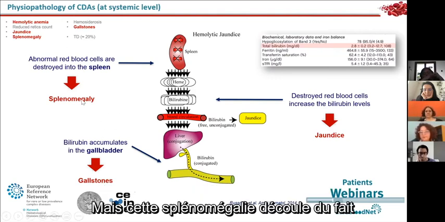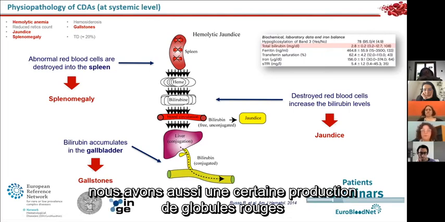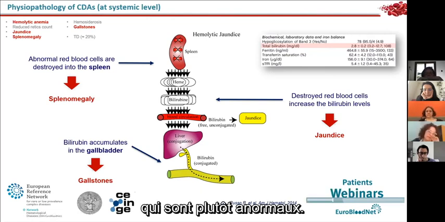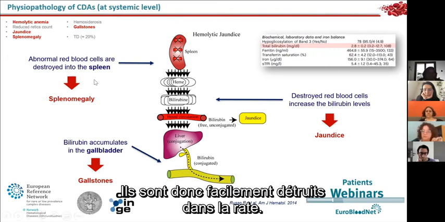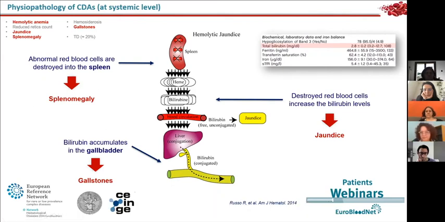Splenomegaly arises from the fact that beyond the reduced production of red blood cells in this patient, we have also some production of red blood cells that are abnormal, so they are easily destroyed in the spleen, and this accounts for the enlargement of the spleen that is termed splenomegaly.